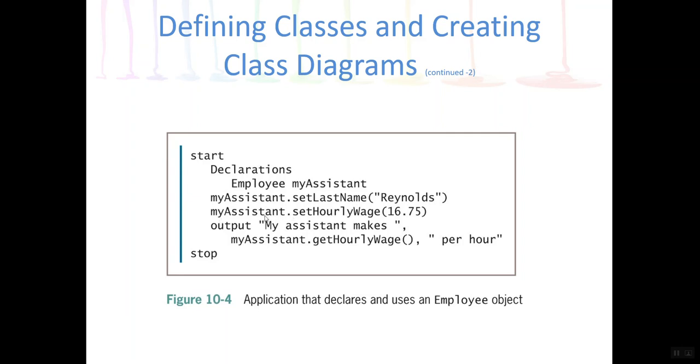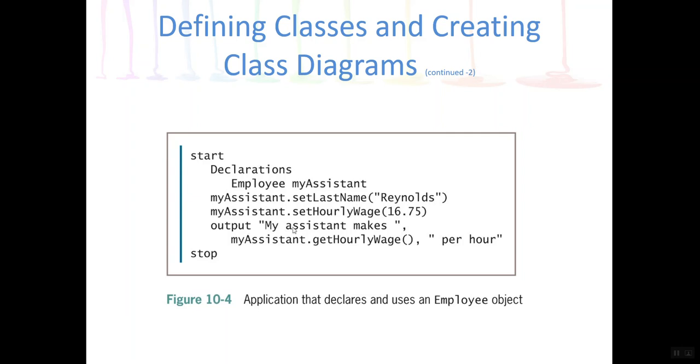So by putting the object name, my assistant, dot, I have access to, after that dot, any of the public methods, and we'll talk about what public means in a moment, any of the public methods in that class.